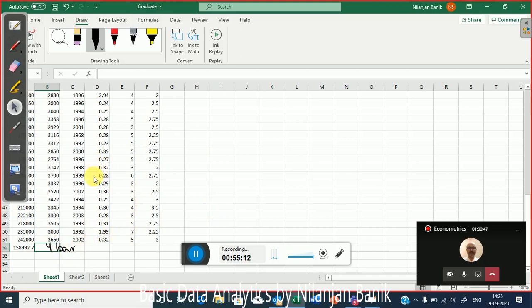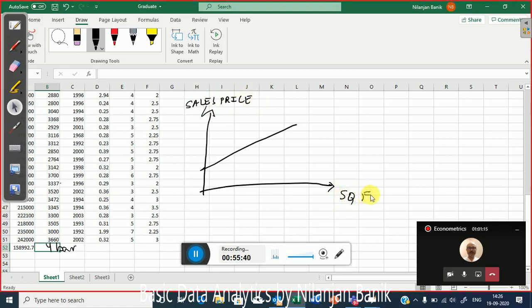Alpha is in a way alpha, because what is the best price? So technically, what is happening? If I draw this line in a two-dimensional space, I have the price of house going up like this. Let's just assume I have taken only the sales price and square feet, one variable, because this is a two-dimensional figure I'm drawing.